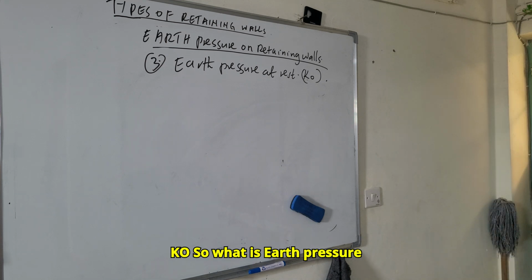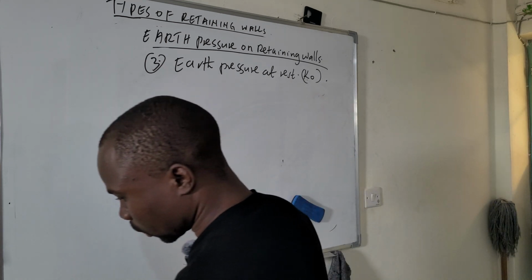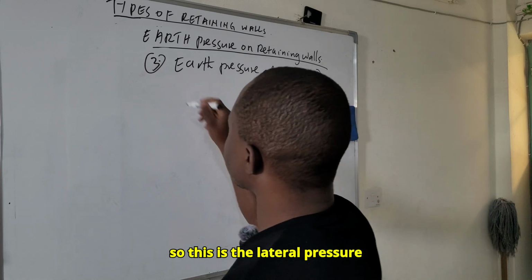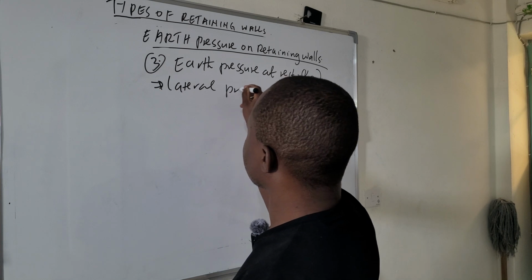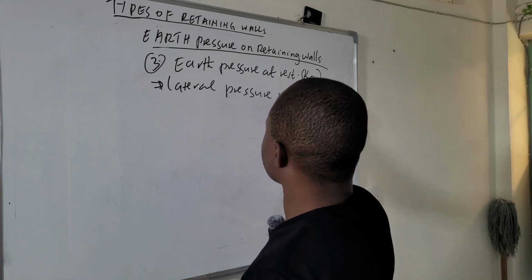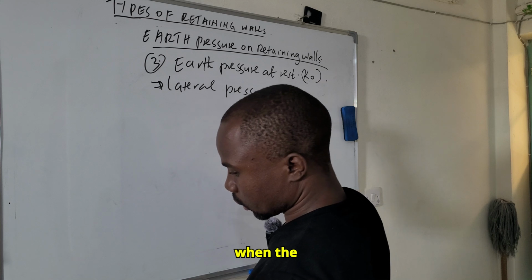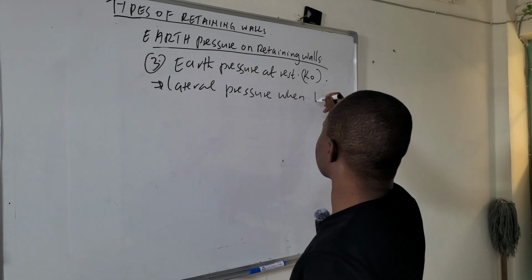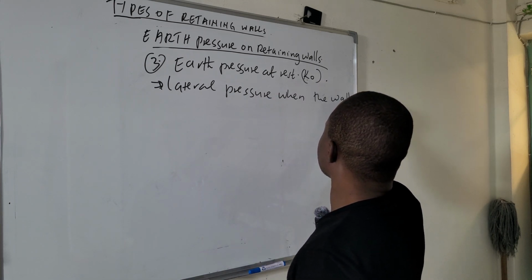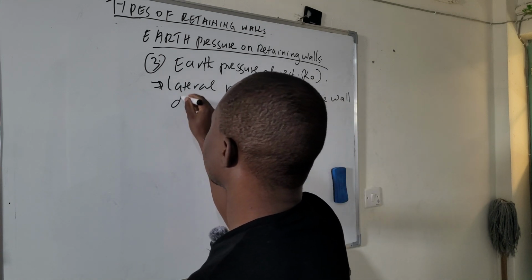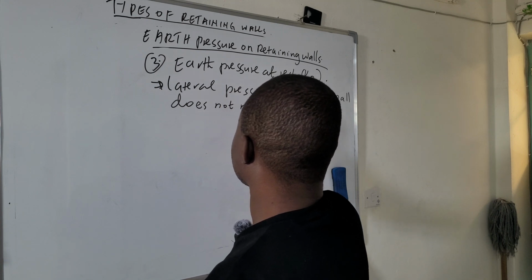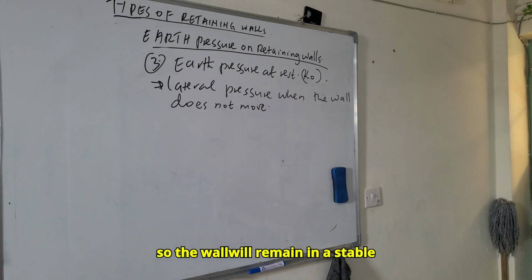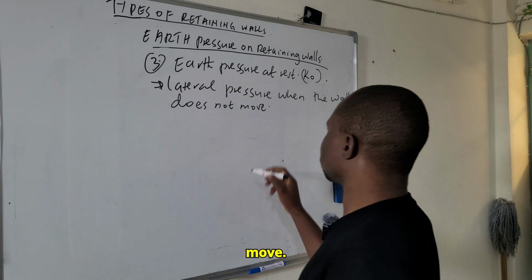So what is earth pressure at rest? This is the lateral pressure when the wall does not move. So the wall will remain in a stable condition and it will not move.